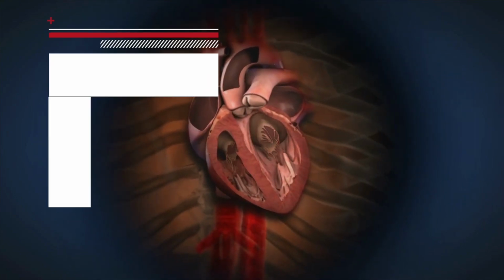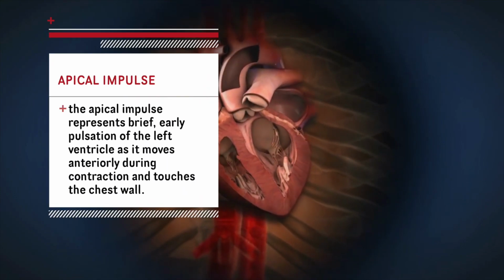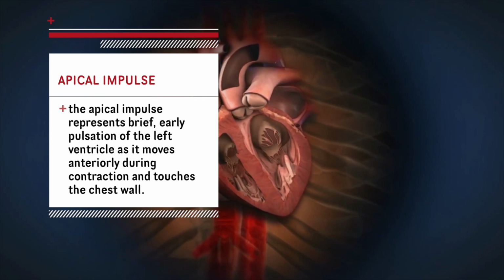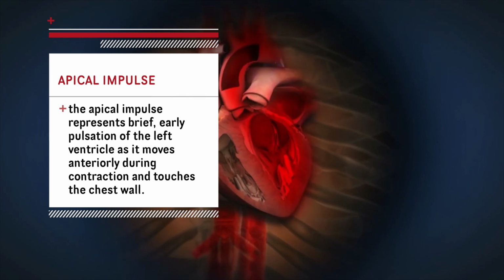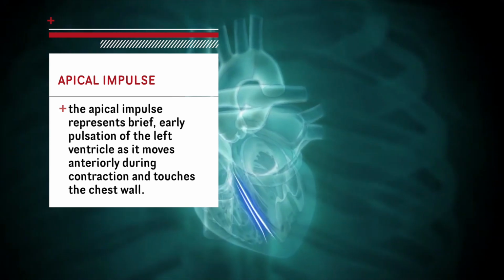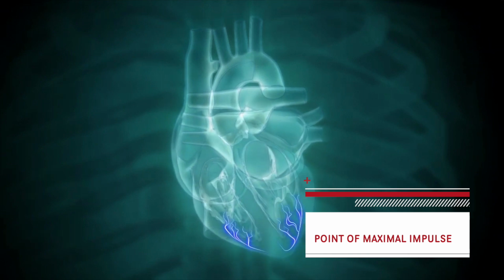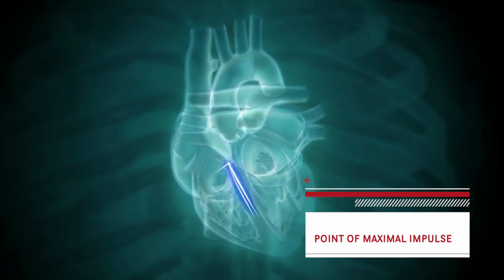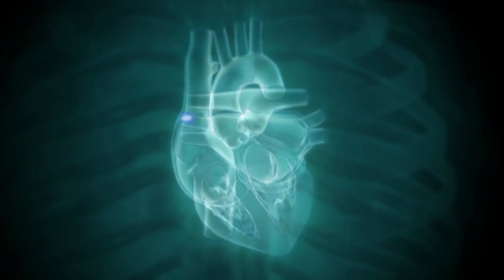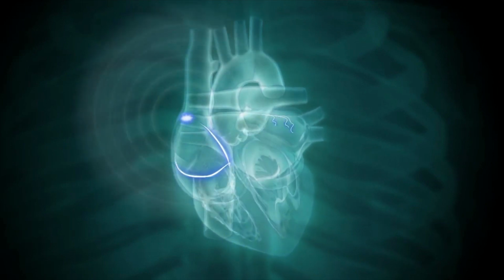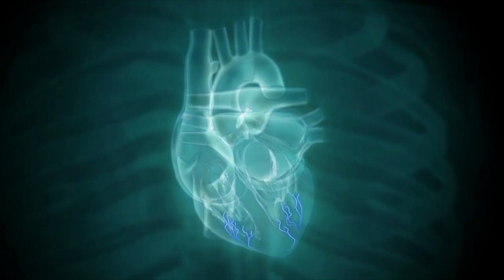The apical impulse represents the brief early pulsation of the left ventricle as it moves anteriorly during contraction and touches the chest wall. Note that in most examinations, the apical impulse is the point of maximal impulse or PMI. Some pathologic conditions, an enlarged right ventricle for example, may produce a pulsation that is more prominent than the apical impulse.